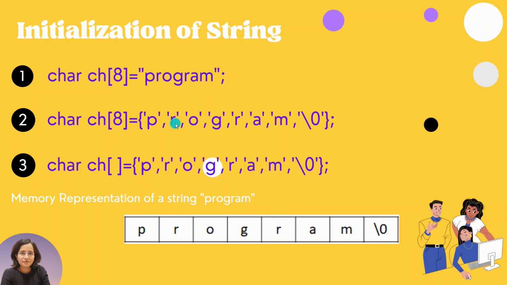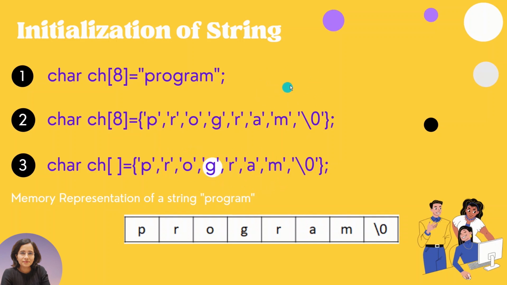There is one more form of initialization where the individual elements we will initialize to the array. Here we should include the \0. When we are initializing the individual elements, we can even skip the size of the array. The size of the array will be determined automatically depending on the number of elements listed within braces.